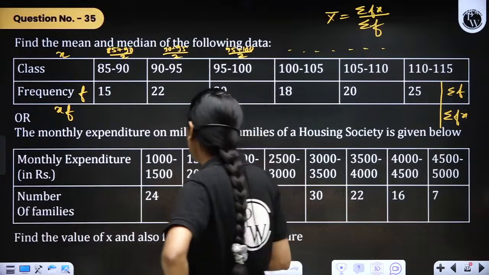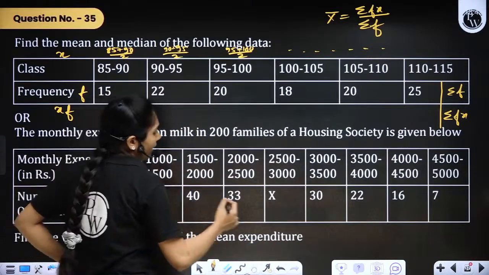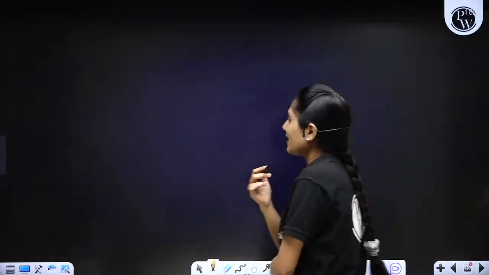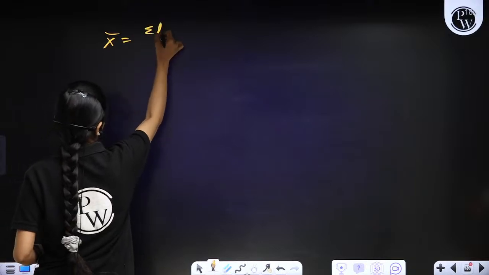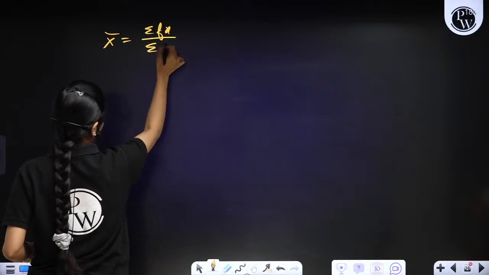And the formula to find the median. I'm just writing all of these here because in the second question also you have to calculate the median. So for mean, it's summation fx upon summation f.